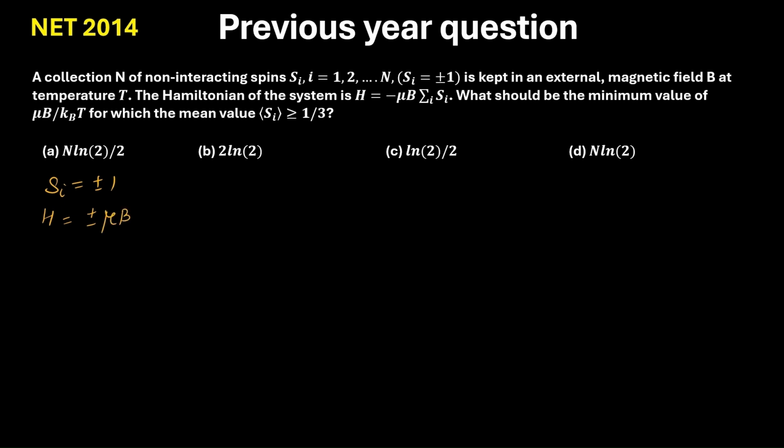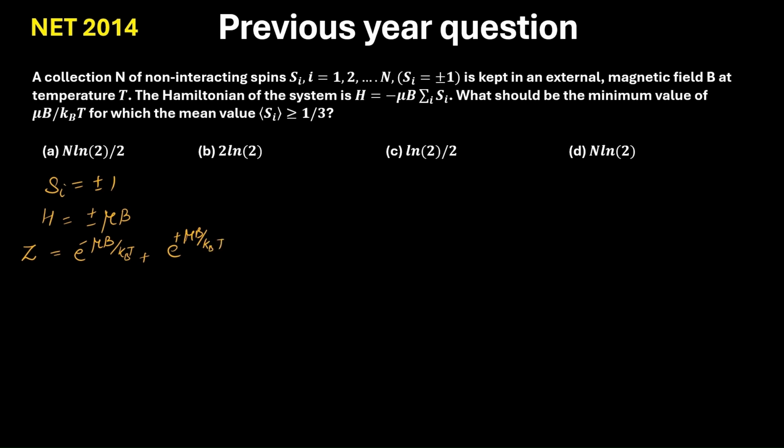So using this information, we can write the partition function. So the partition function will be e to the power minus mu B divided by k_B T plus e to the power plus mu B by k_B T. So this is the partition function.